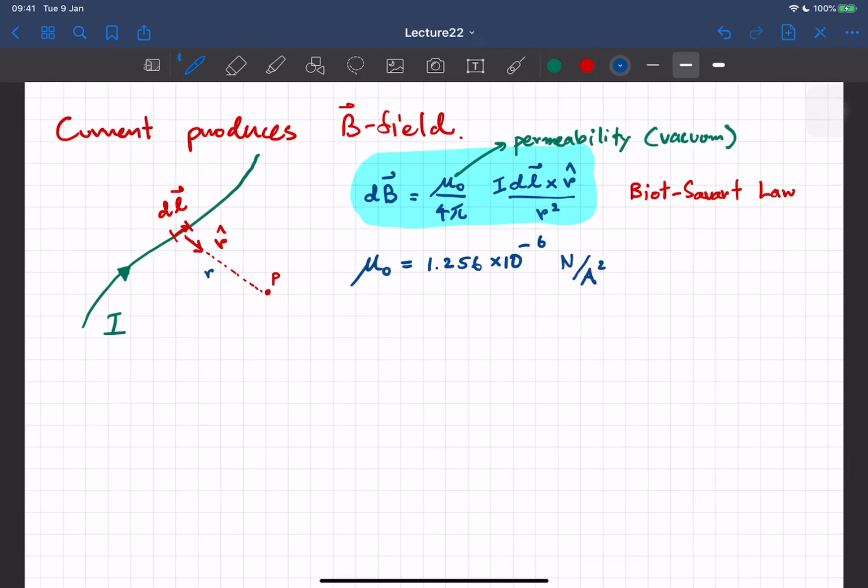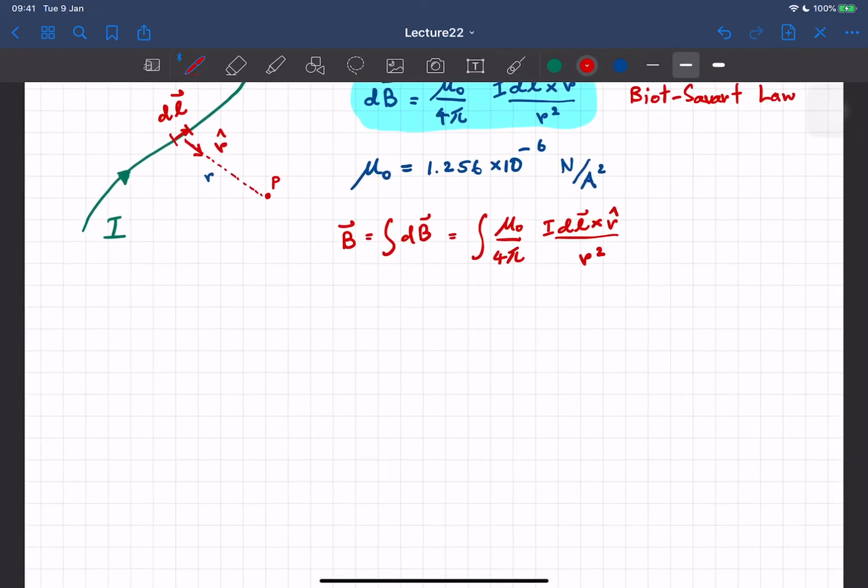All right. The magnetic field again is just the integral of the magnetic field dB. So it means you need to integrate this Biot-Savart law, I dl cross r hat divided by r squared, like this. And just to demonstrate how to use this law, let's calculate a very simple case.